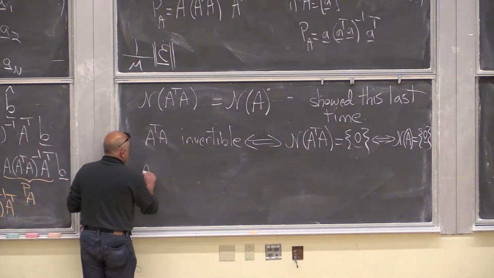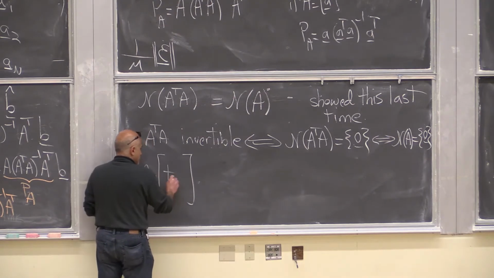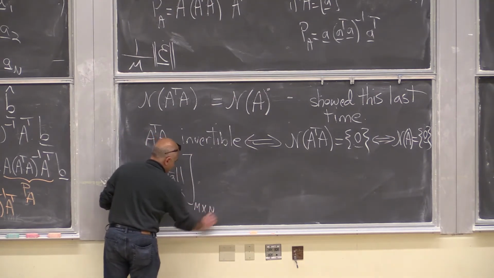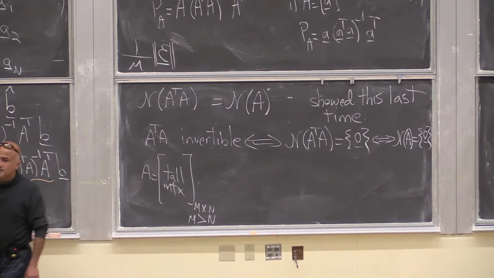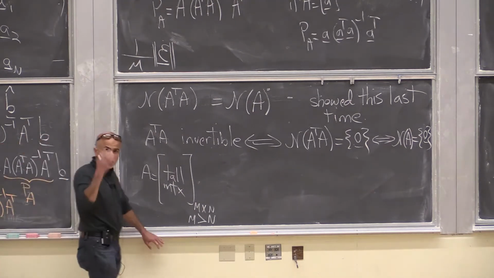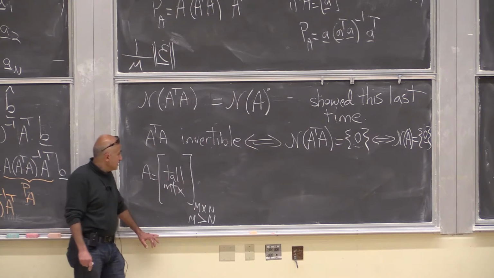Now, A is a tall matrix. It's m by n, and m is in general greater than n. It could be equal to n, but in general we make more measurements than necessary because we have measurement error.